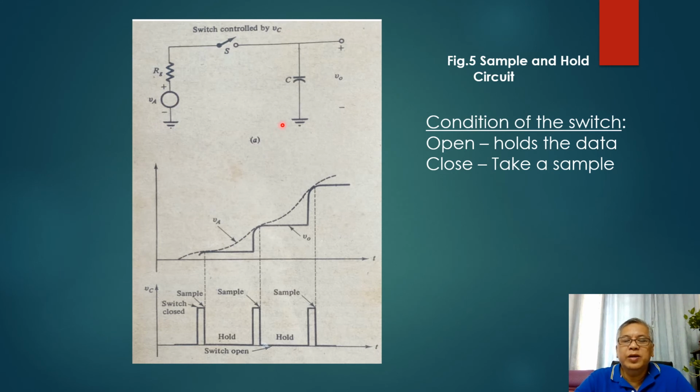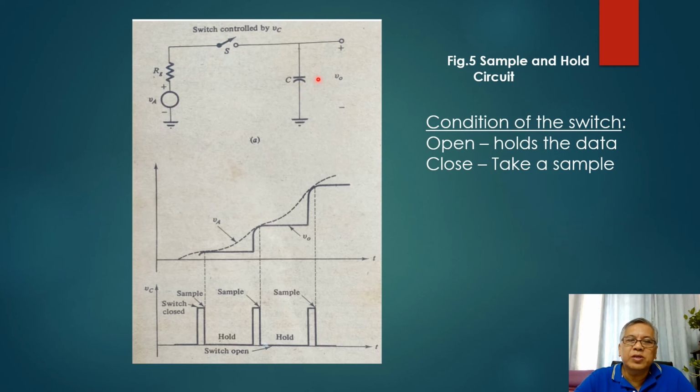So what we have here is a simple sample and hold circuit. It uses the principle of an RC circuit. It contains your source VA, which is the source coming from your transducer, in this case, this particular signal here. We have here a switch and a capacitor.